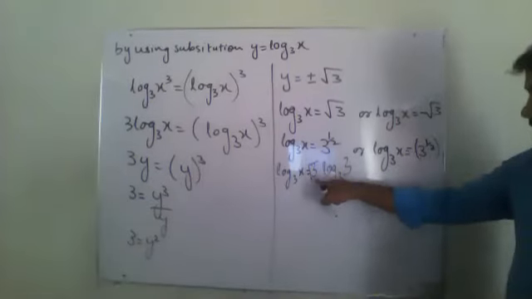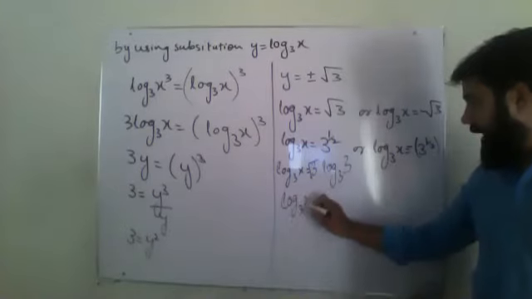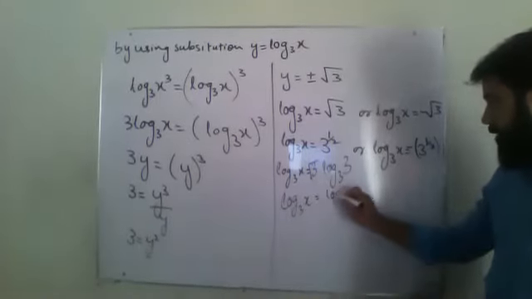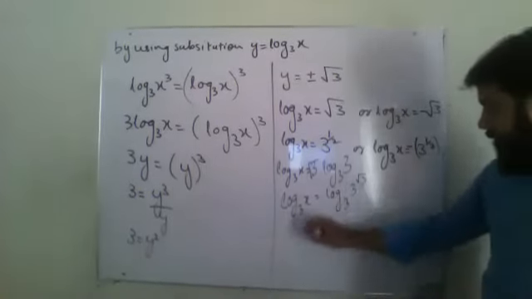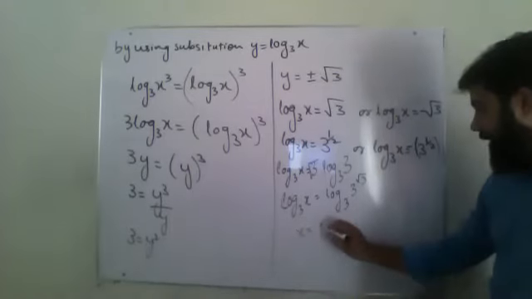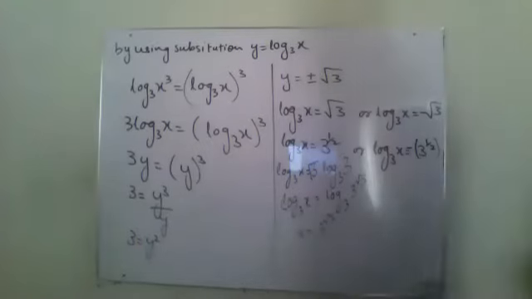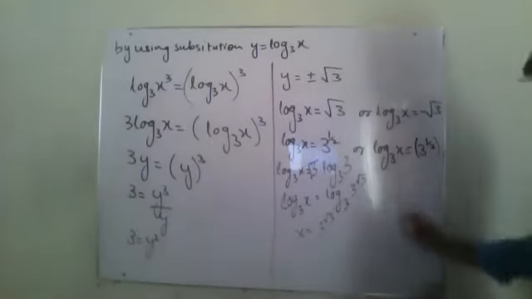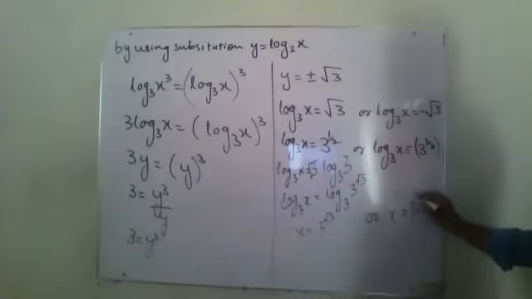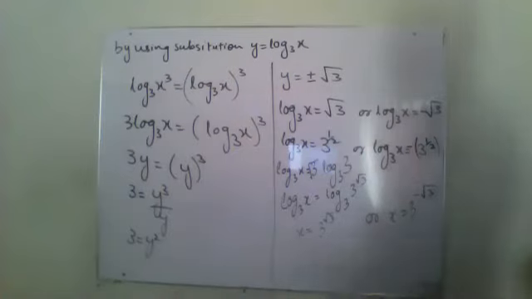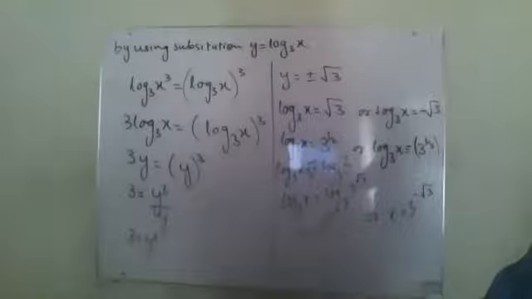Then this is written before log, I will transfer it over here. Log 3x equals log 3 under root 3. Log 3 and log 3 will be cancelled. x will be 3 to the power under root 3, and you can use your calculator to get the answer. When I simplify this part, this will also become x equals 3 to the power minus under root 3. You can use your calculator and get your answers.